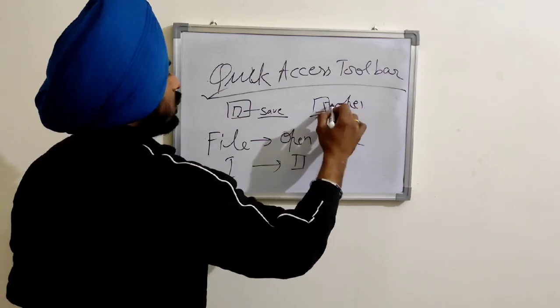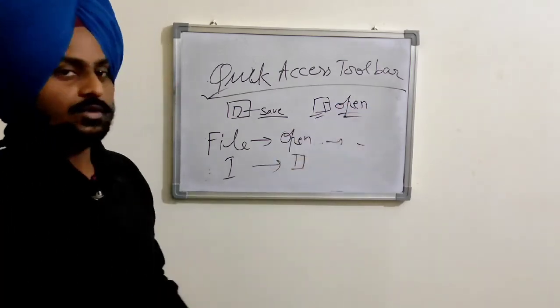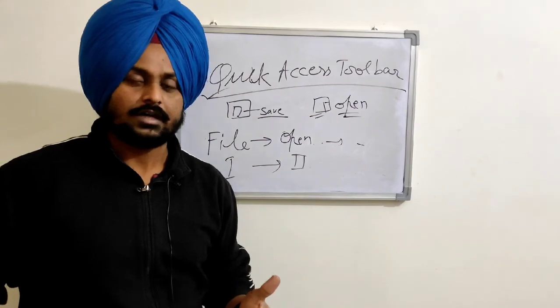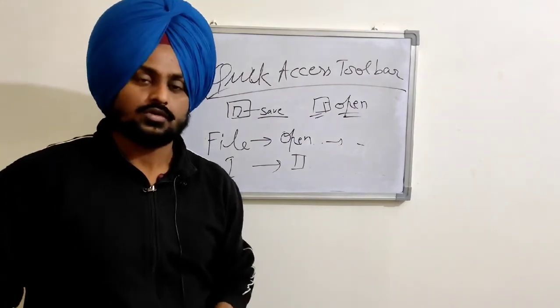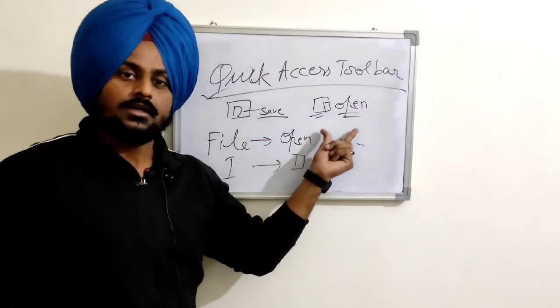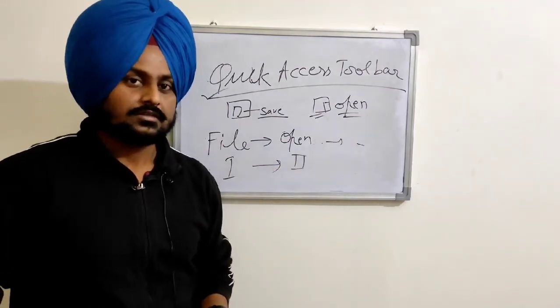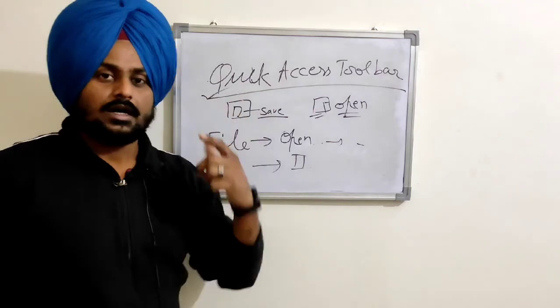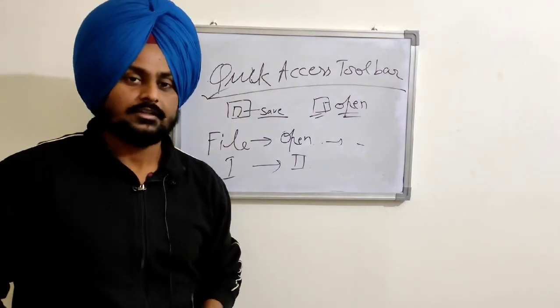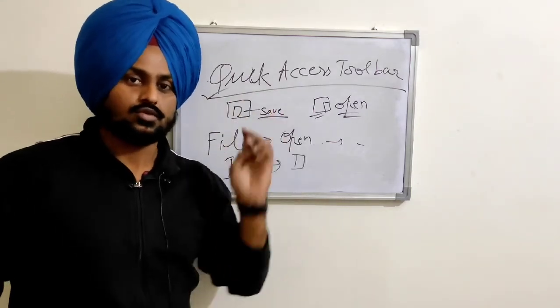Simply click on the open button and you can directly open the file. The existing files that you have already saved, you can open by clicking on this button on the quick access toolbar. So I hope you understood what the quick access toolbar is, which opens our options quickly. That's why it is called quick access toolbar.